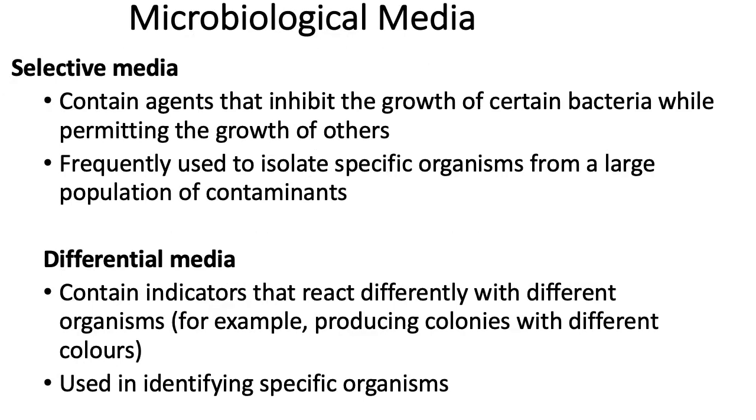That is not all. We also have selective media and differential media. A selective media is a type of media that contains a growth agent that will inhibit the growth of certain bacteria whilst permitting the growth of others. They are frequently used to isolate specific organisms from a large population of contaminants.